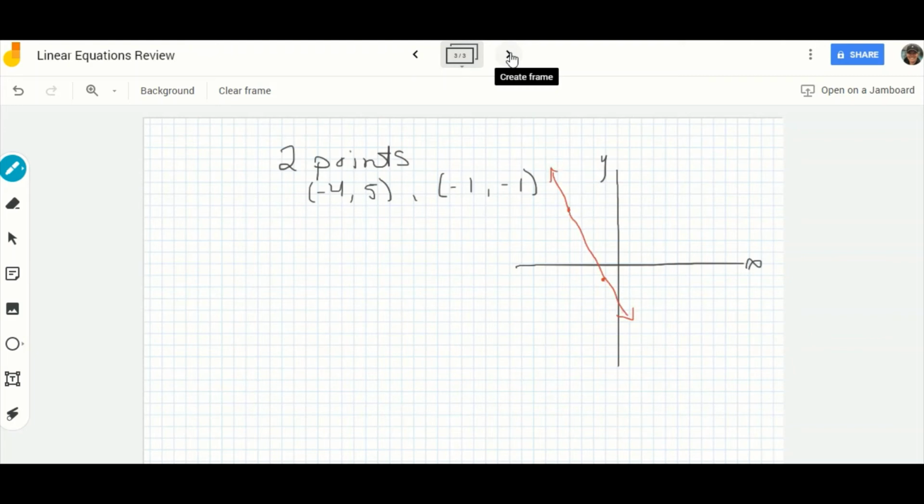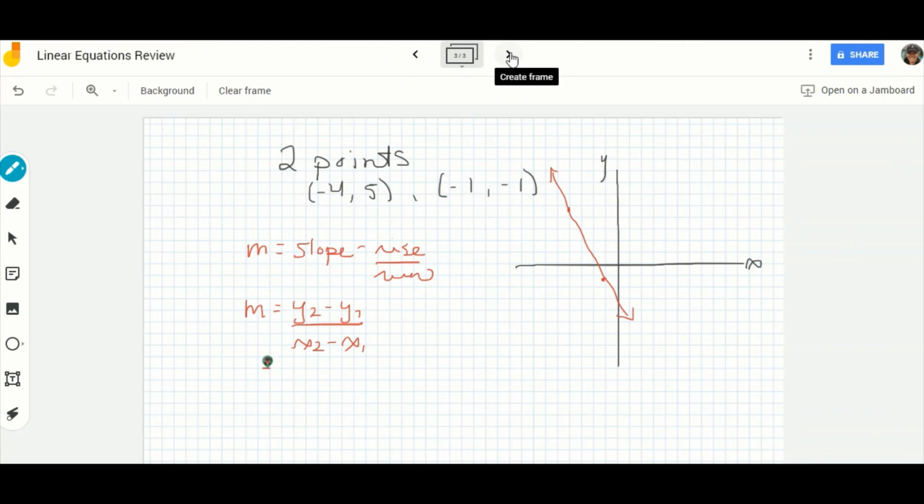I can also figure out what the slope is. So slope, we know, was equal to the rise over run. I'll call it m. We've also defined it as y2 minus y1 over x2 minus x1.